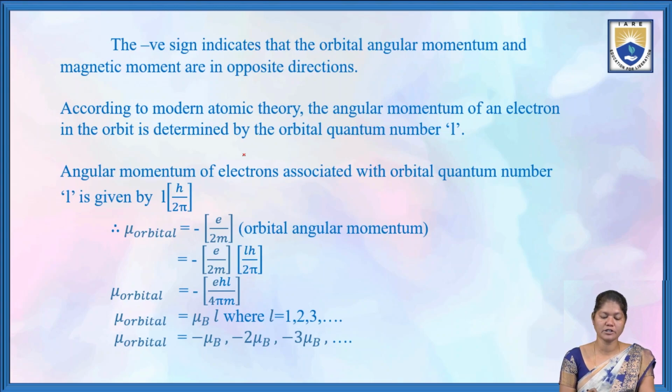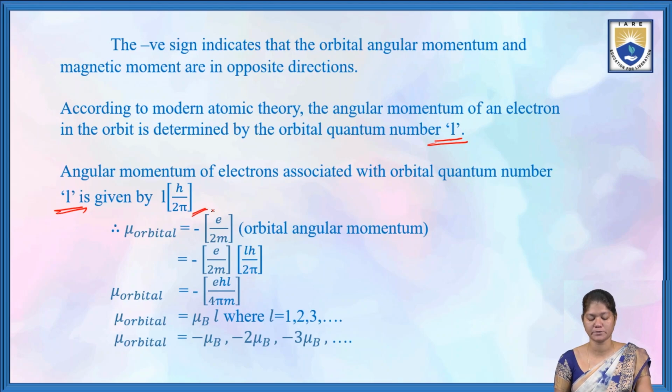According to the modern atomic theory, the angular momentum of an electron in the orbit is determined by the orbital quantum number l. The angular momentum of electrons associated with the orbital quantum number l is l into h by 2 pi.